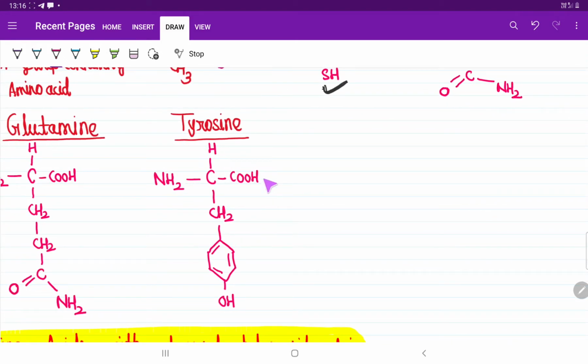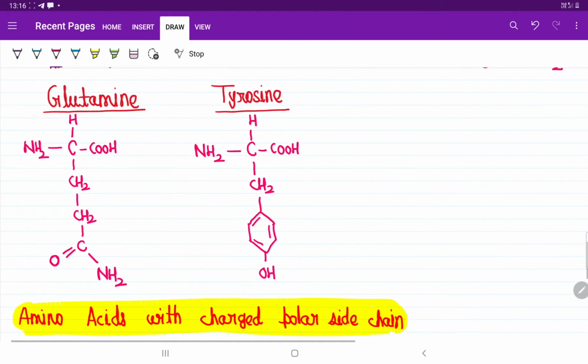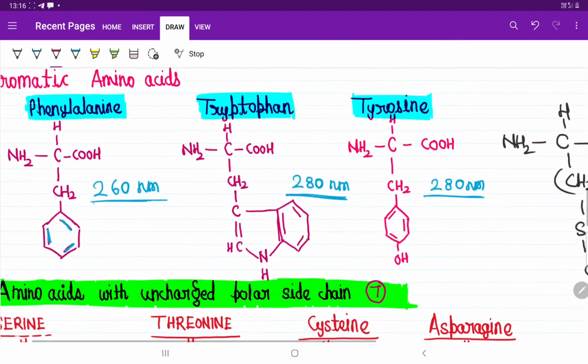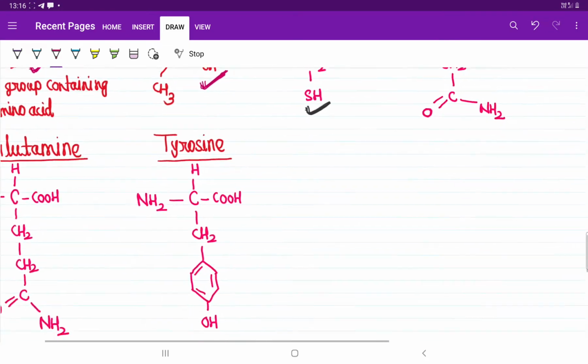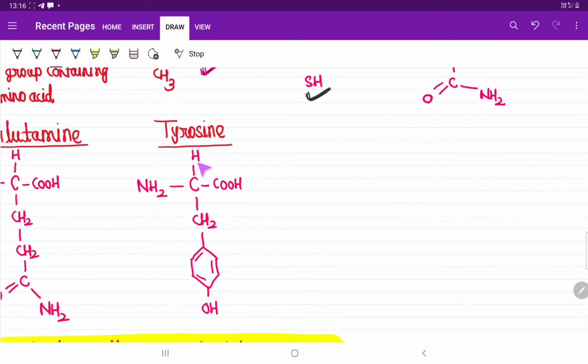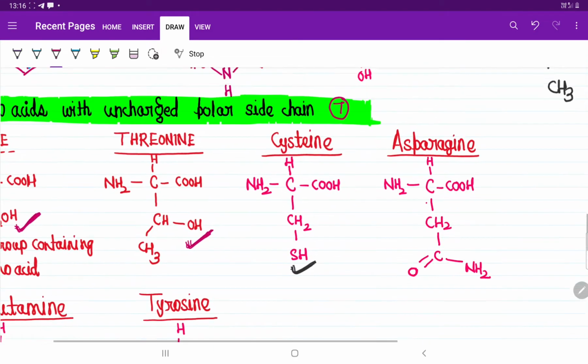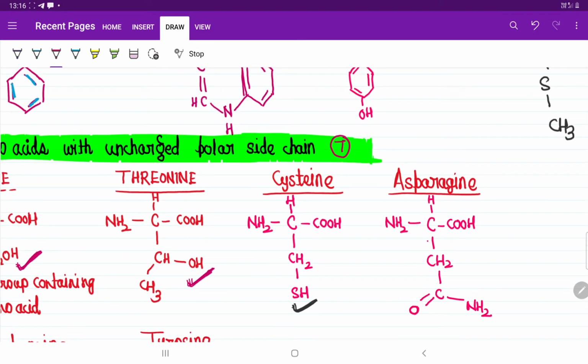And then our tyrosine amino acid. Tyrosine is an aromatic amino acid. On one side it is an aromatic amino acid, and on another side it has an uncharged polar side chain at physiological pH 7.4, or 7, same thing only.